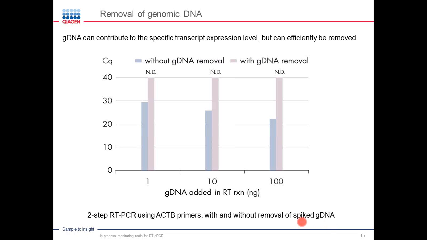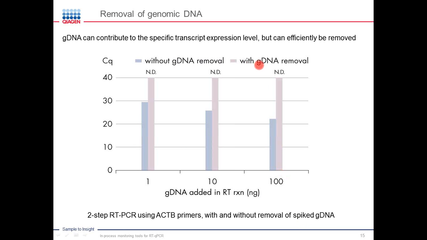So we are using an assay for detection of messenger RNA, but we are not including a reverse transcriptase in this experiment here. So there should be no signal, and this basically means the blue bars here are coming completely from genomic DNA, and the more DNA we're spiking here, obviously the signal comes earlier and earlier.